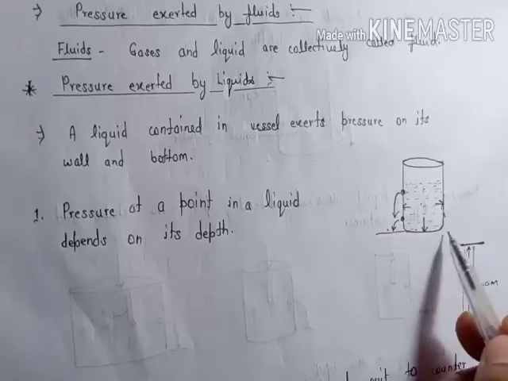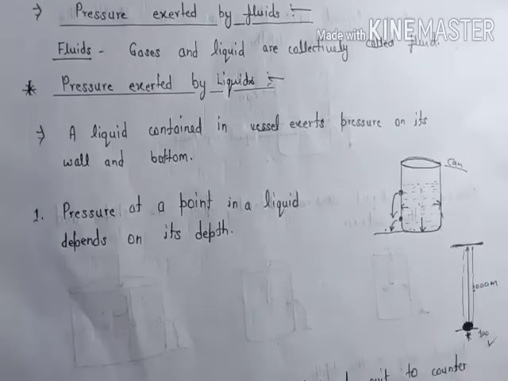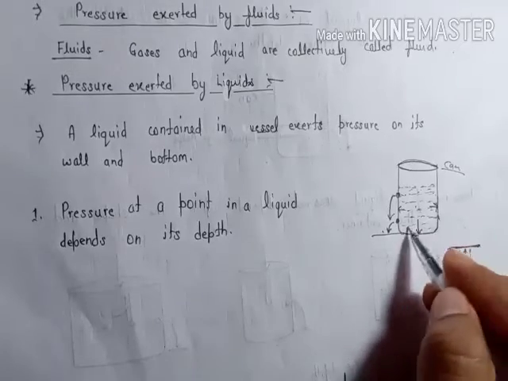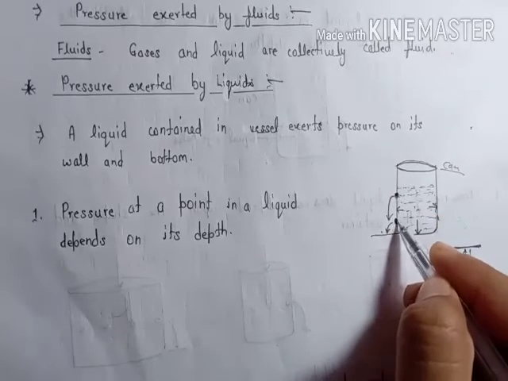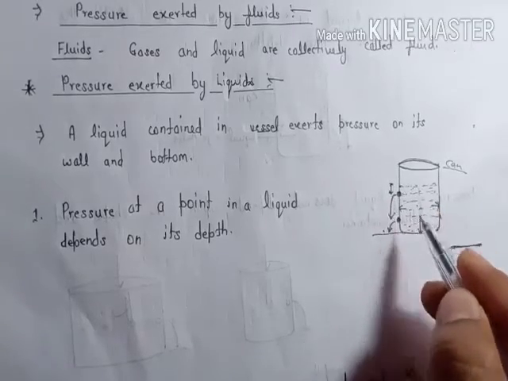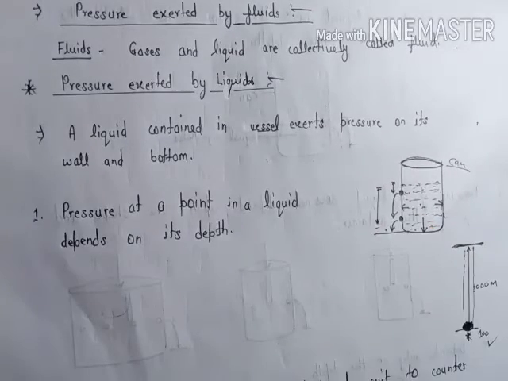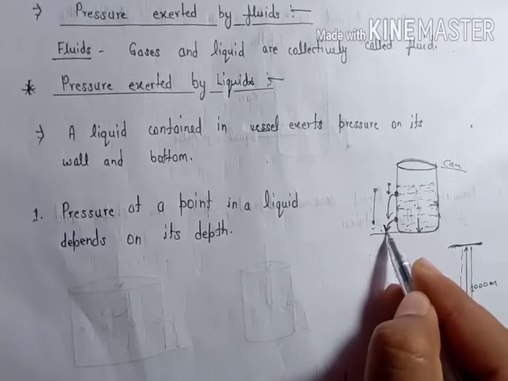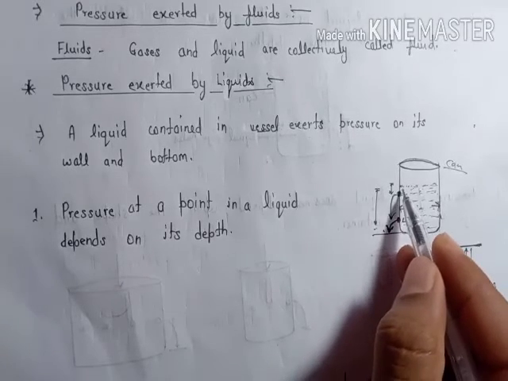You can see there is a vessel, and this is a can too. You can write can or vessel, which is filled with water, that is a liquid. If you make two holes of the same size, one with less depth and the second with more depth than the first, you will observe that the distance the water flow covers is greater in this condition than in this one.